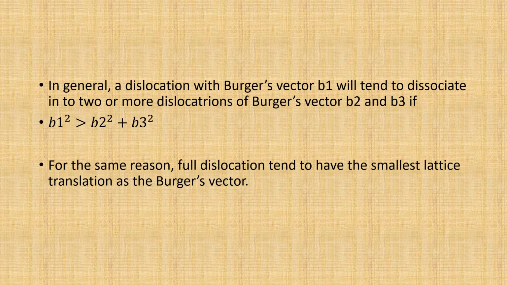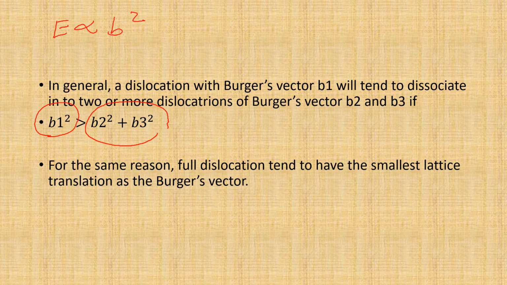In general, a dislocation with Burgers vector B1 will tend to dissociate into two or more dislocations of Burgers vectors B2 and B3 if the square of the Burgers vector of the reactant dislocation is greater than the square of the Burgers vector of the products. That means energy is proportional to the Burgers vector square.